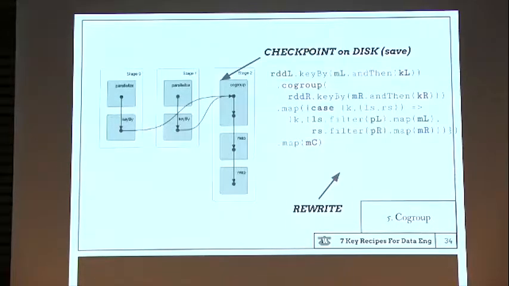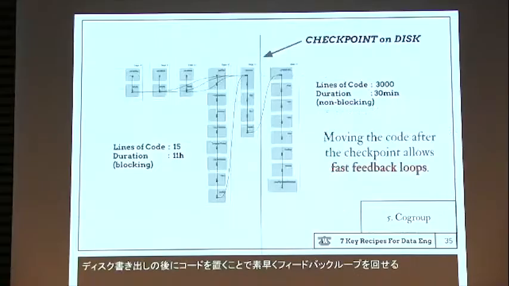So when doing that, you can checkpoint just after the co-group. That means that you co-group the data and then you save it to disk. And you have very fat rows with all the data concerning a given key K. Then you can move all your operations to this side of the join. What happens with very large jobs is that the joining operations are usually 20 to 50 lines of code, but all the business logic is a couple of thousand lines of code.